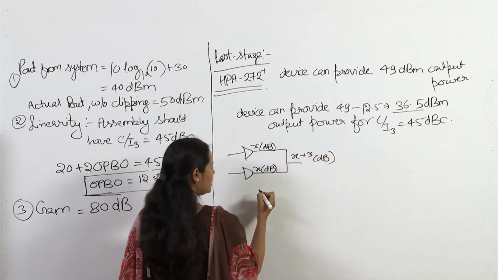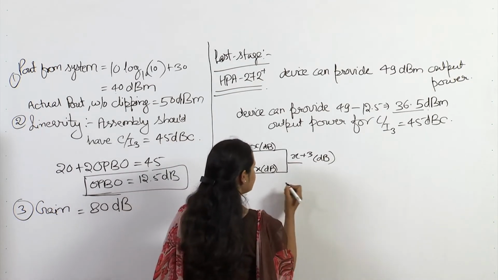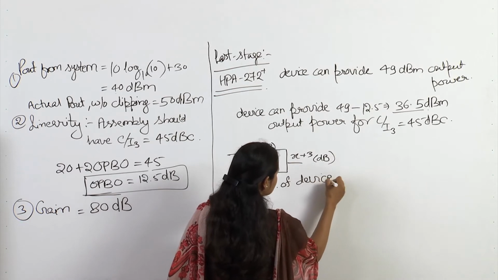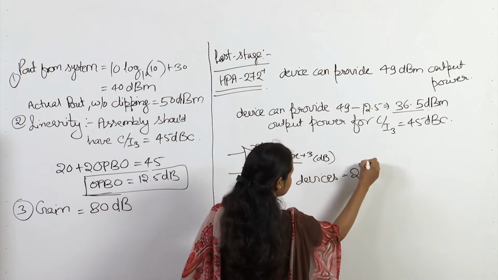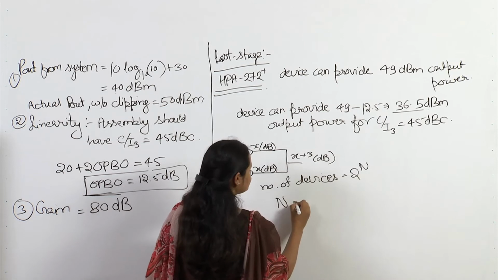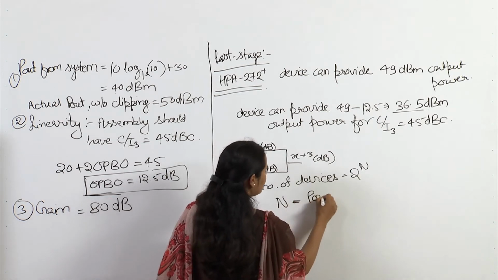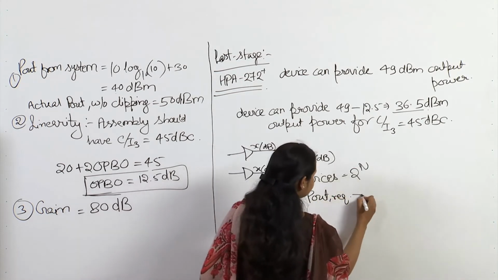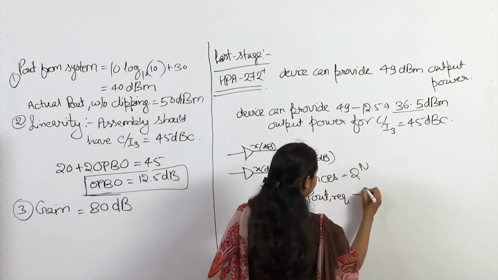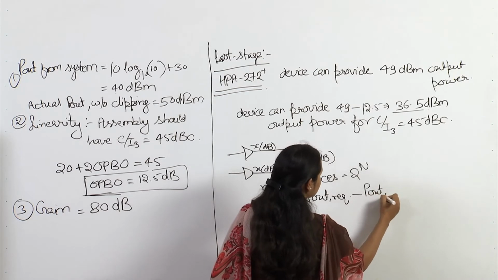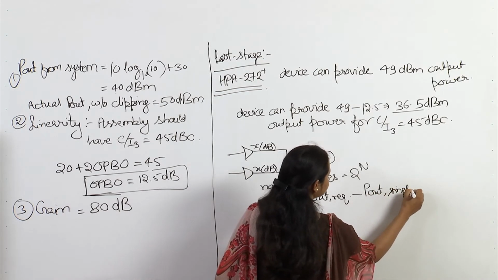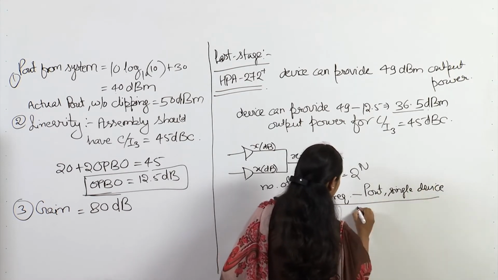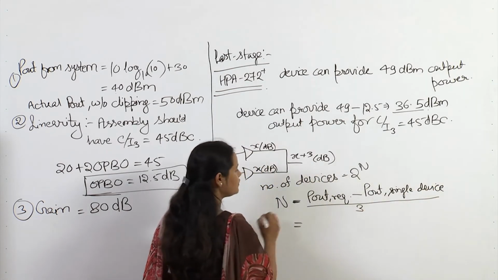Based on that, we have calculated a formula that the number of devices should be 2 to the power n, where n is given as output power required minus power output from a single device, divided by 3. So, we will use this formula here.